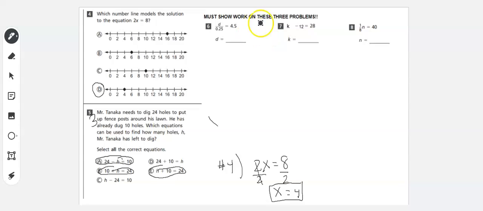Okay, 6, 7, and 8, you must show work on these 3 problems. So I'm going to go ahead and write my problems out. The opposite of dividing by 0.25 is multiplying by 0.25. So D equals whatever I'm going to get here. 5 times 5 is 25. 20, 22.